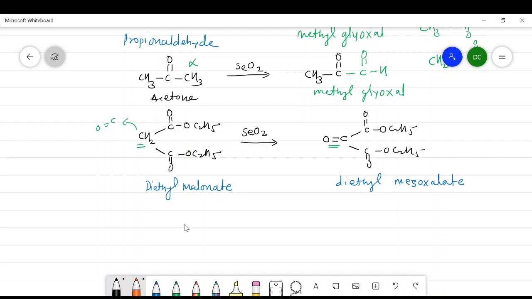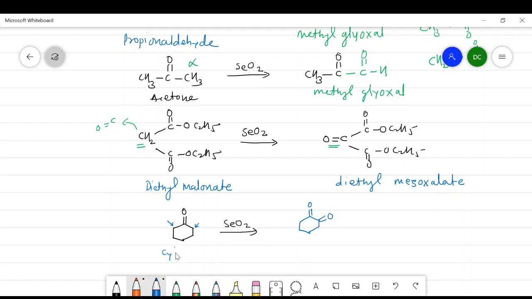Let's take the example of a cyclic ketone, that is cyclohexanone. It is treated with SeO2. We know that there is an alpha carbon on this side, and on this side also. One of the alpha carbons or CH2 groups is going to convert into CO, and that's why we will get this type of compound, that is a diketone.